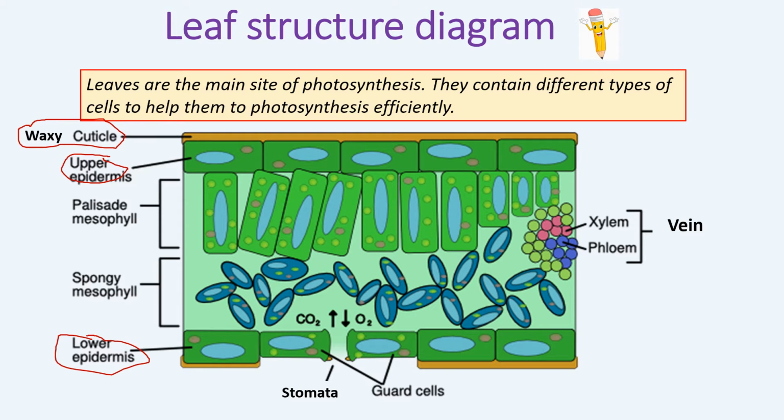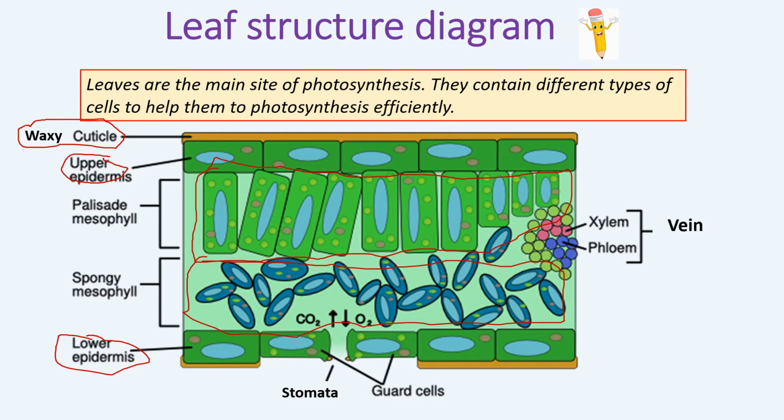Then there is the palisade mesophyll layer, which is this layer here. These cells are specialized because they have a large number of chloroplasts, and they are the main region of photosynthesis because of that. Then there is the spongy mesophyll layer.